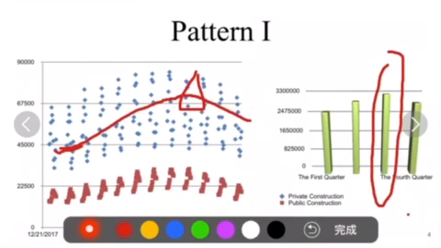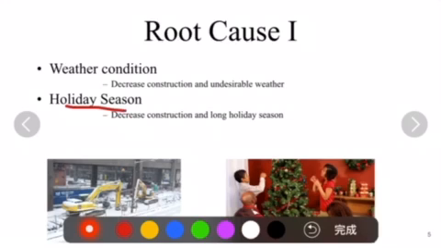We can easily see that as the winter becomes too cold, the working load of the workers will drop down, and they also do not have that much incentive to go to work because of the holiday season.